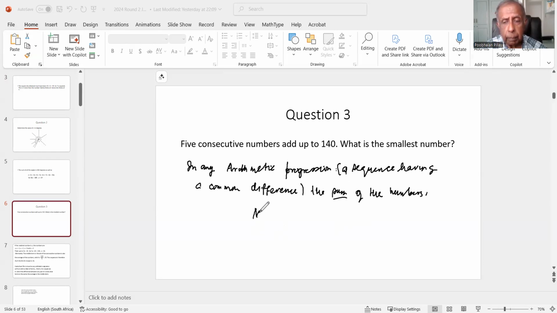It's equal to the middle times the number of terms.